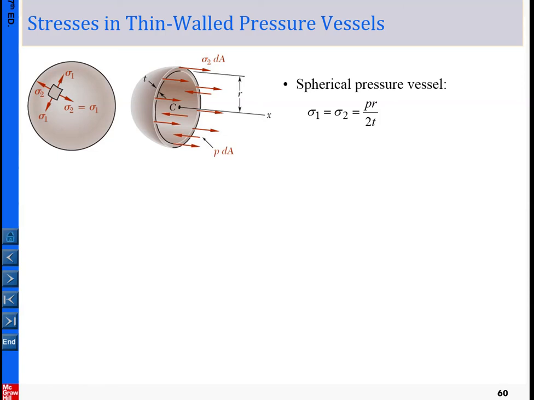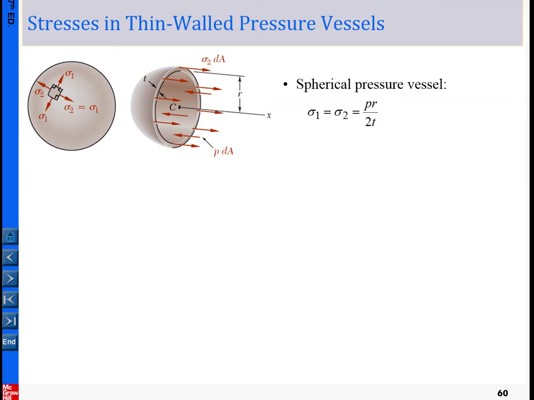Here we simply pick an arbitrary square patch from the surface.